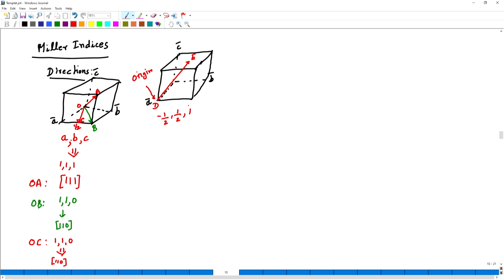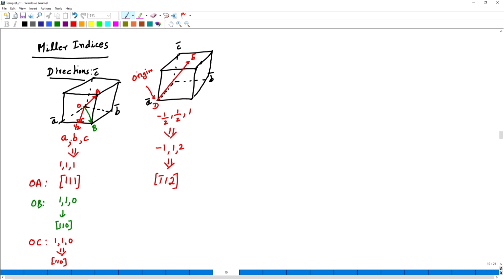Now I remove the fractions by multiplying all the components by 2. That does not change the direction, it only changes the magnitude. And therefore, the indices should be minus 1, 1, and 2 into 1 will give me 2. A conventional way of writing a negative number is by putting a bar on top. So, it is bar 1, 1, 2.